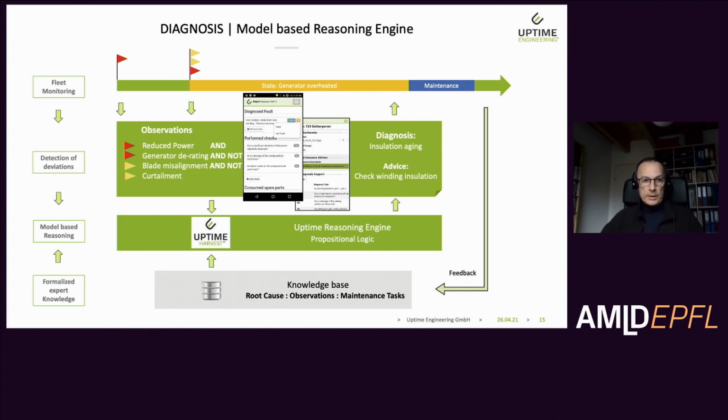These observations are used by a model-based reasoning engine, which comprises the relationship between root causes and observations, and the reasoning engine does a comparison of which type of failure reason candidates are compatible with this set of observations. The only one which fulfills this requirement is insulation aging, and the corresponding advice is check of the winding insulation. This would be the advice to the service guys.